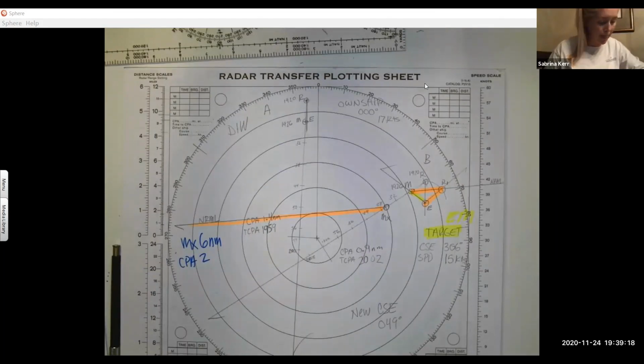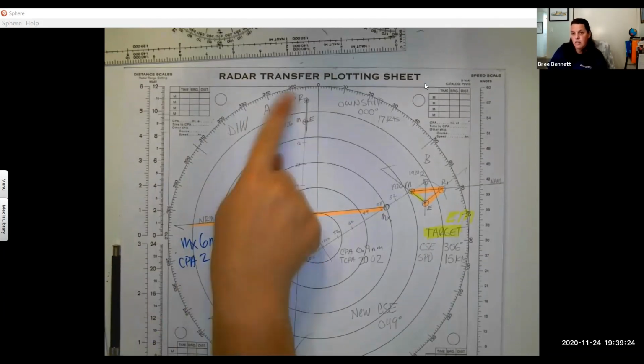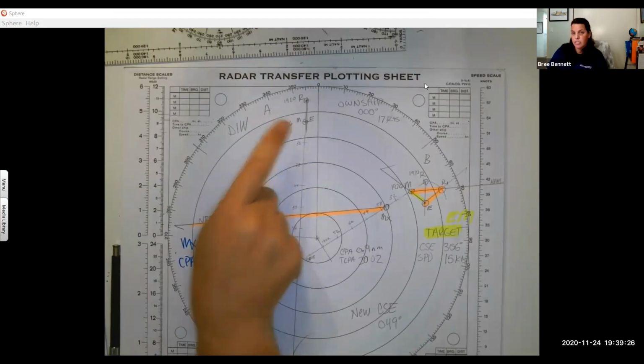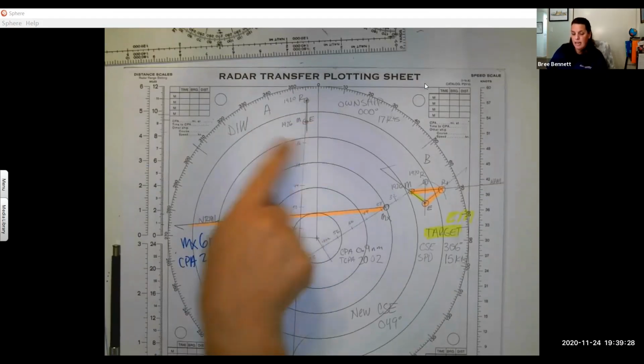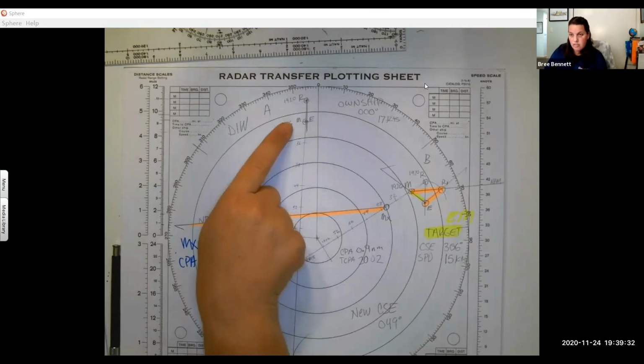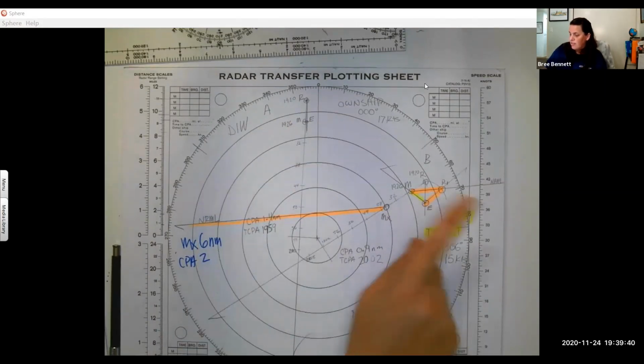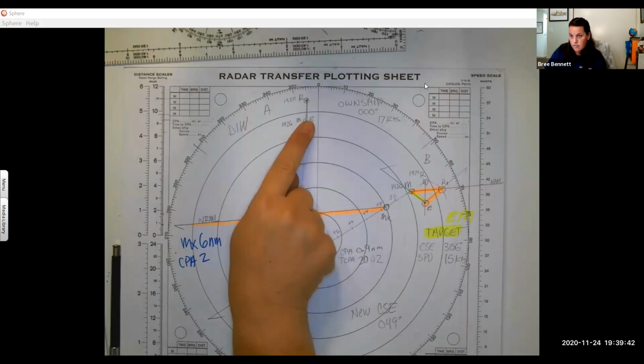Okay, so now how is our new course going to affect target A? That's the big question. I want to know what the new CPA will be on the other target. So we're going to create our triangle back over here.